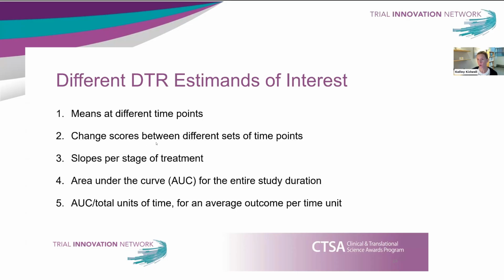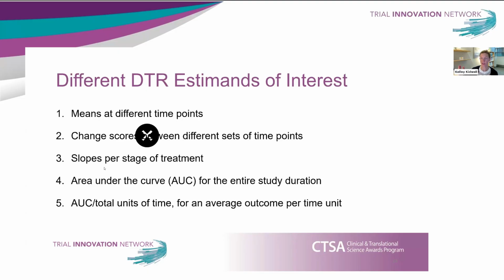You could be interested in change scores. We often see that's an interest of physicians and clinicians. However, if you've heard any of Frank's previous talks and or read his blog, you'll see why that's a bad idea. I suggest you go to his informative website to read about why maybe that shouldn't be the case. And instead, you can think about the means at different time points.